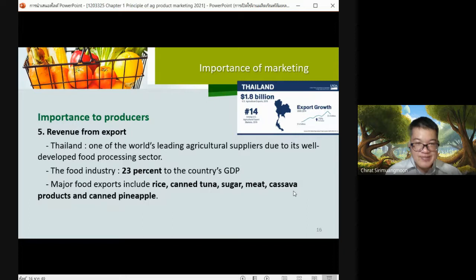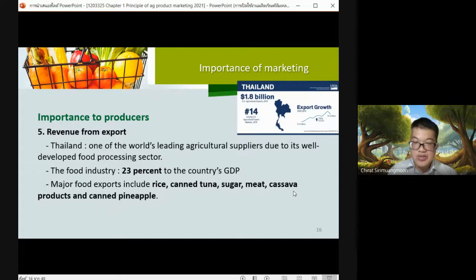Then the marketing can create the revenue from export, especially for Thailand, which is a country of food and agricultural products exporters. You may not know that Thailand is one of the leading world suppliers of agricultural products, and around a quarter, or around 25% of GDP, is from the food industry.